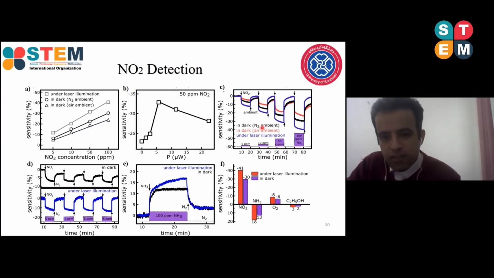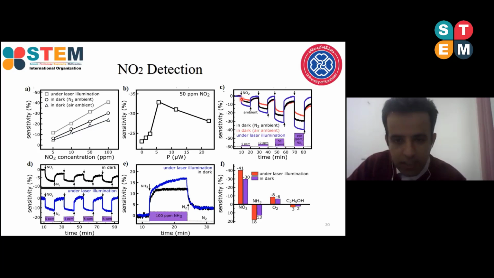The dynamic response of the sensor in three conditions, nitrogen ambient, air ambient, and under laser illumination, shows that in the case of laser illumination, we have a better response, better sensitivity, and also better recovery time compared with both other conditions. And the switching performance of the sensor showed good stability upon the introduction of the nitrogen dioxide gas into the sensor.